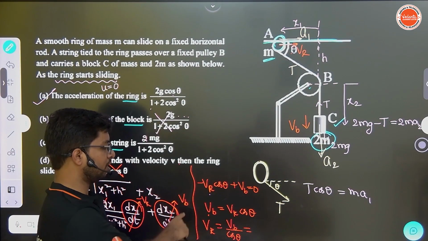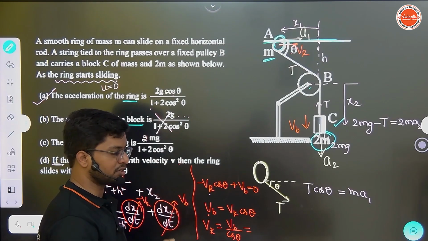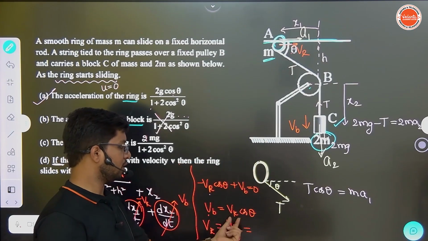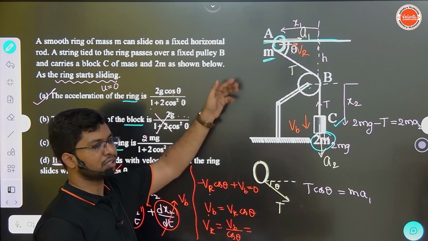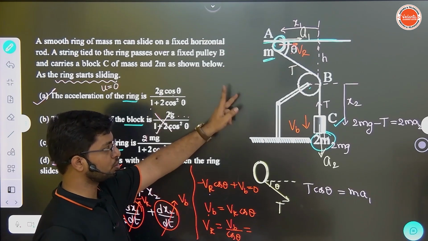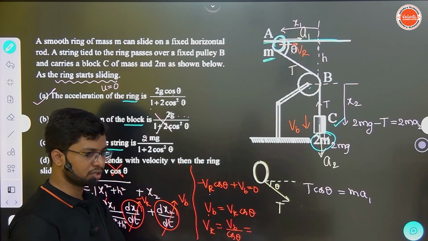Understood? These are the velocities at some instant of time. Vb is the velocity of the block at some instant of time, and Vr is the velocity of the ring at the same instant. Then those two velocities will follow this relation. Understood? Yes.